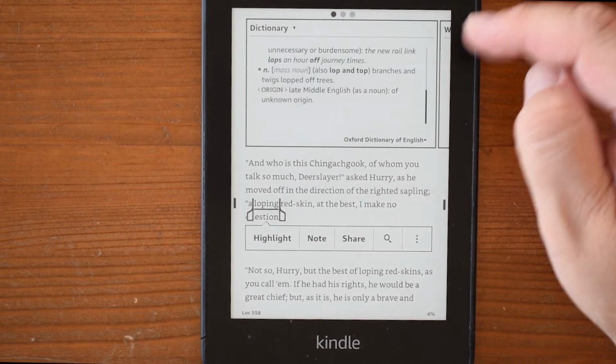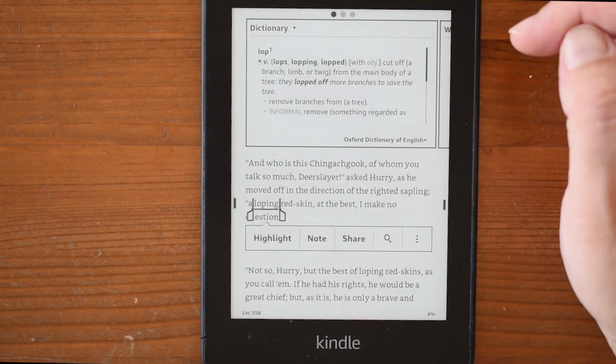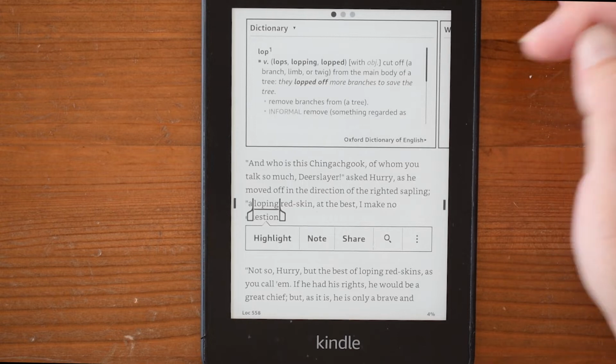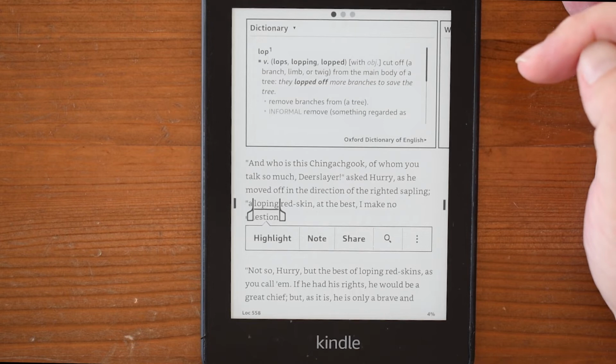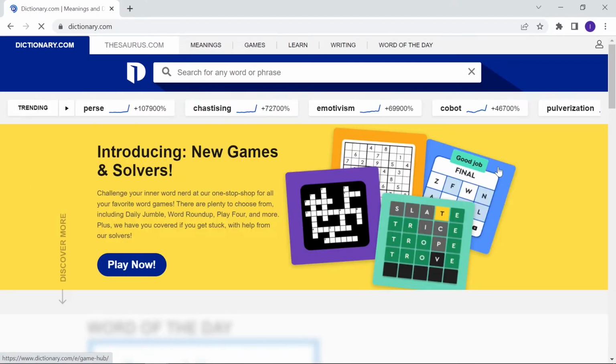So I guess I still don't know what it means, and it seems that none of these definitions work for me. And actually they are for the word lop, which is probably different from the word lope, which would be spelled with an E. So I need to look elsewhere, and I'm going to look again in dictionary.com.